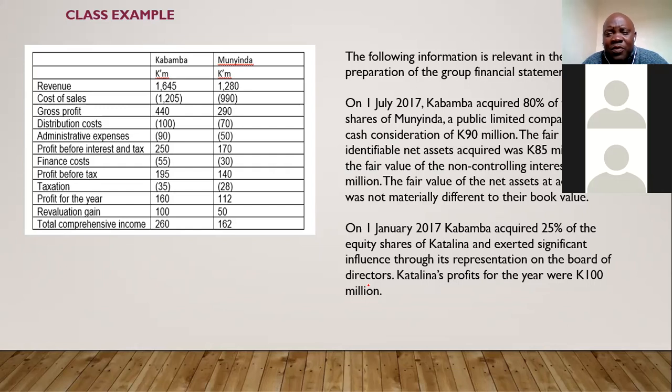The fair value of the identifiable net assets acquired was 85 million kwacha, and the fair value of the non-controlling interest was 25 million kwacha. The fair value of the net assets at acquisition was not materially different to their book value.